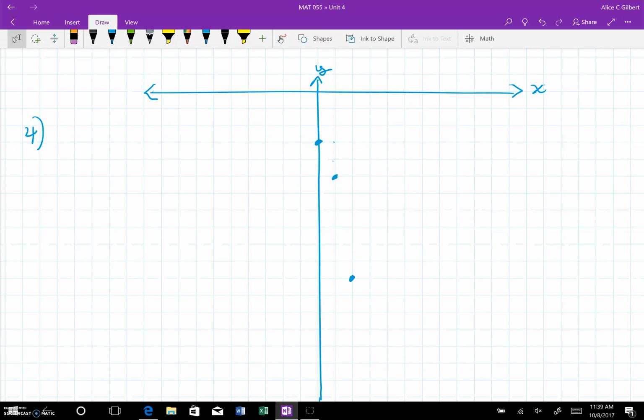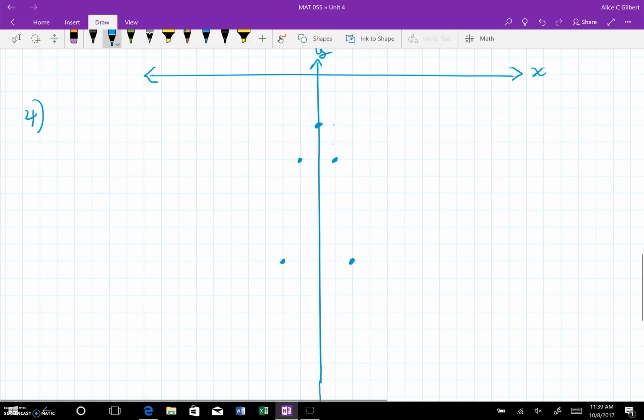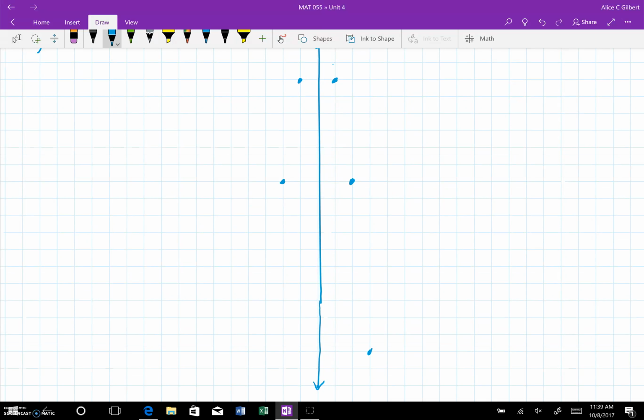Now, in the parent graph, normally we go to the left 1 and down 1, but now we go to the left 1, down 2. In the parent graph, we go to the left 2 and then down 4, but 4 times 2 is 8. And in the parent graph, normally we go to the left 3 and down 9, but 9 times 2 is 18. So all the way down here.